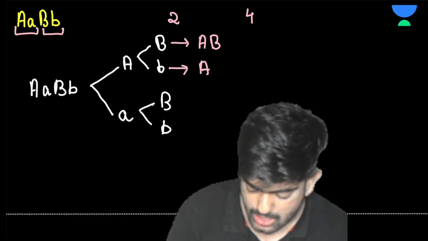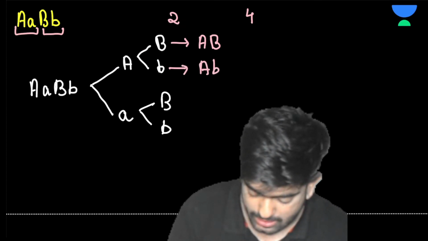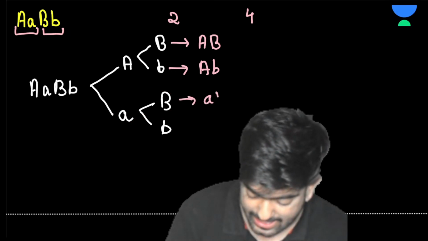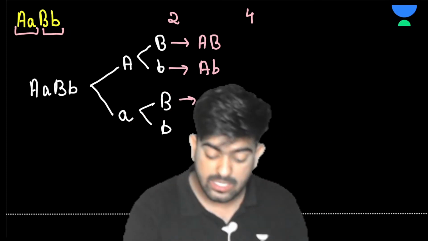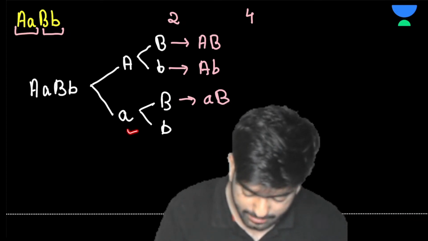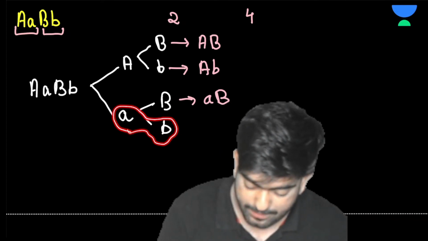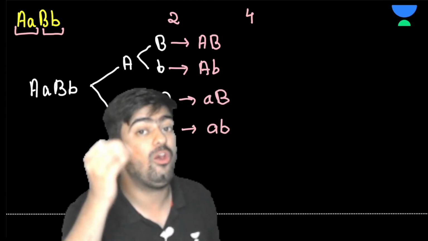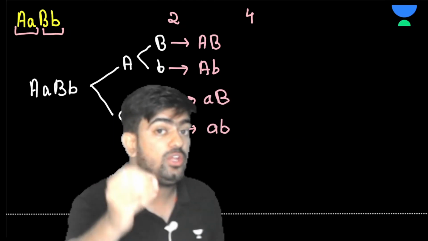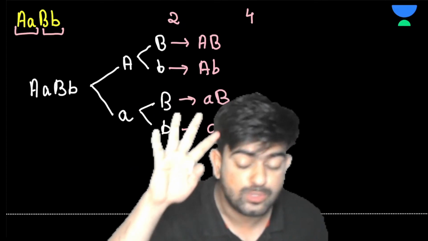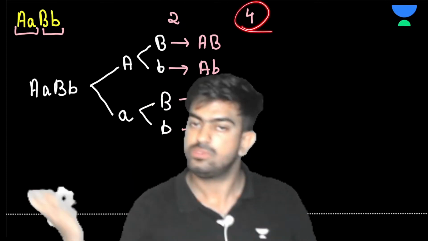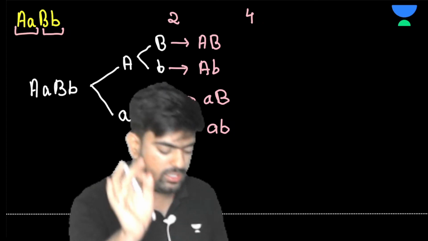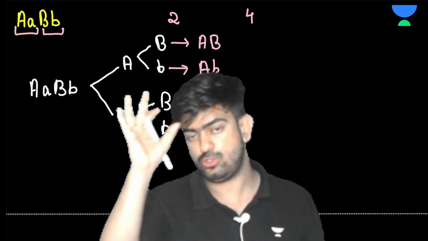Now, this is going to make another gamete, which is small a and capital B. And similarly, this is going to make another gamete, small a and small b. So guys, how many types of gametes did we get? We got a total of 4 types of gametes, and that was our answer. So the fork line method is very, very easy to remember.